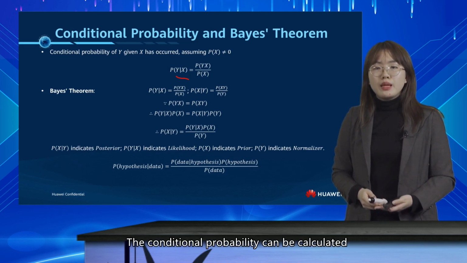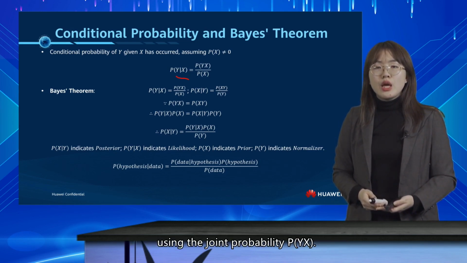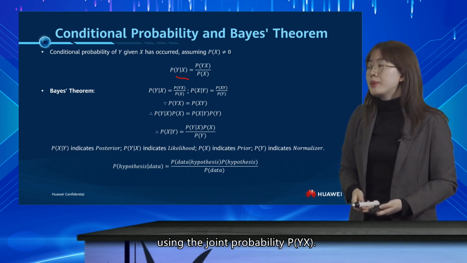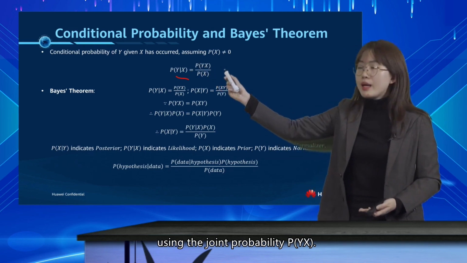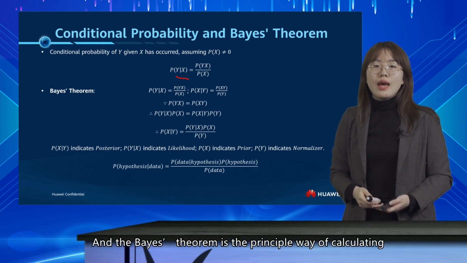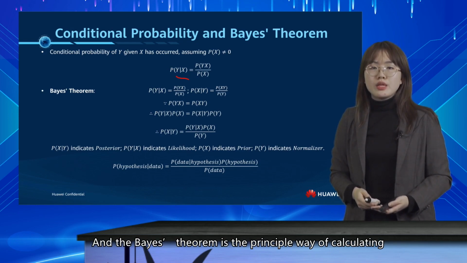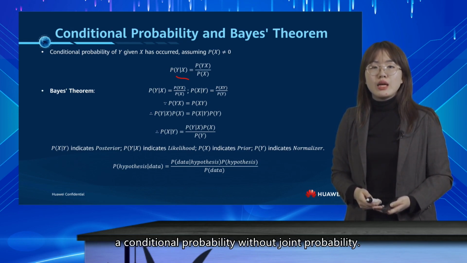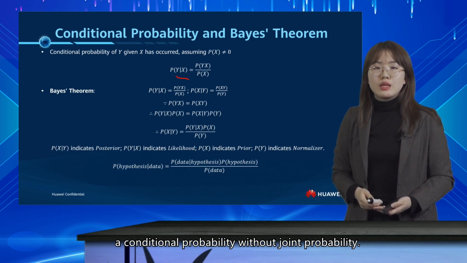The conditional probability can be calculated using the joint probability, P(Y,X), which is the probability of two simultaneous events. And Bayes' theorem is the principal way of calculating a conditional probability without the joint probability.